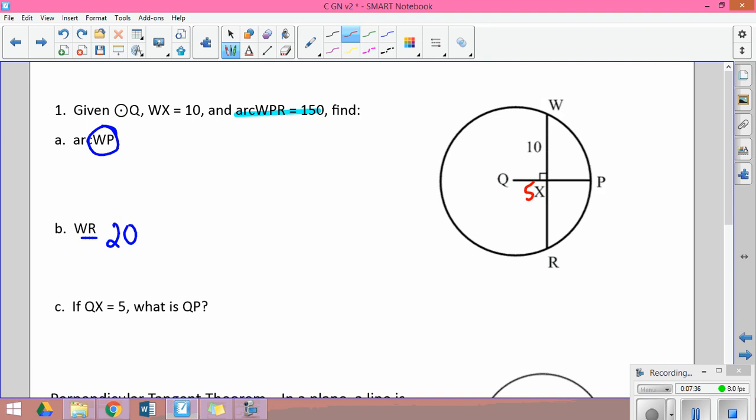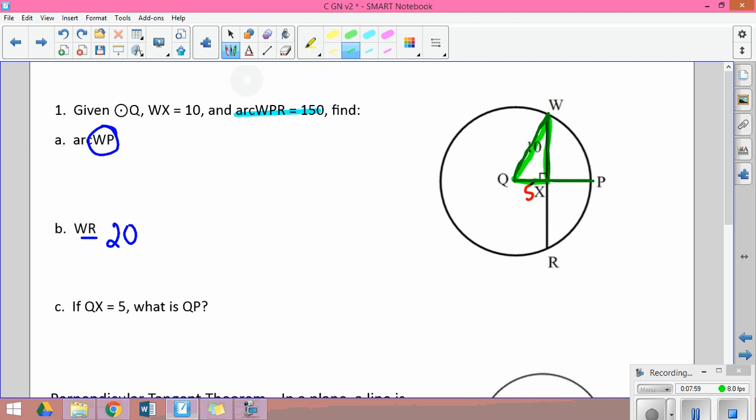How big is QP? Now QP is a radius, but as it stands, I'm not going to find QP directly. I can find any radius, and in fact the radius that I am going to use that's most interesting is the one that is part of this right triangle.